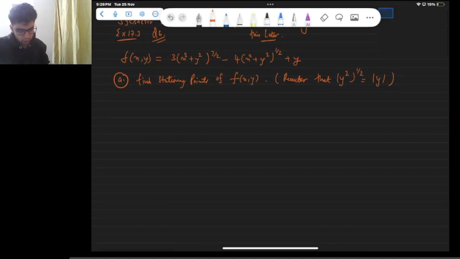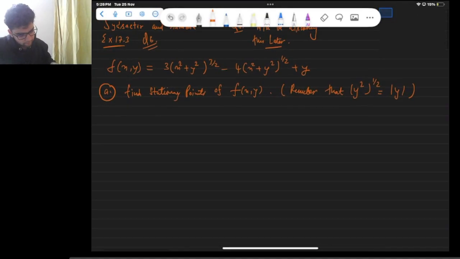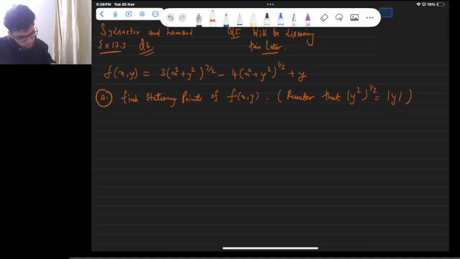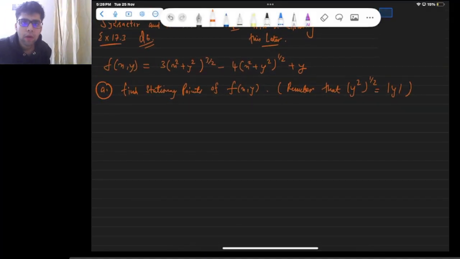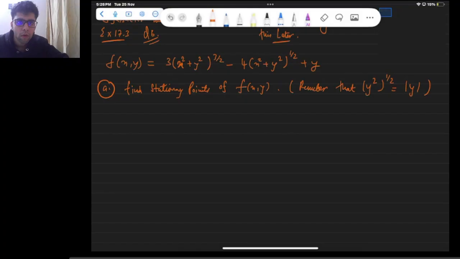So this is our question: (3x² + y²)^(3/2) minus 4(x² + y²)^(1/2) plus y.